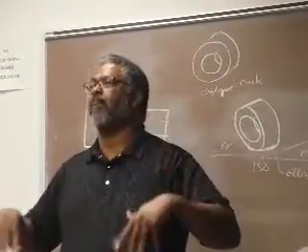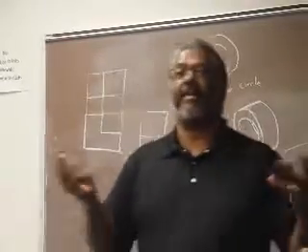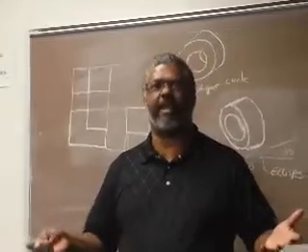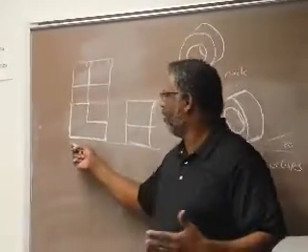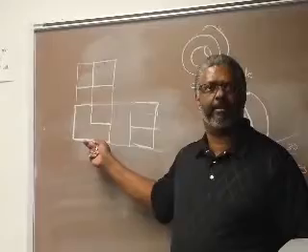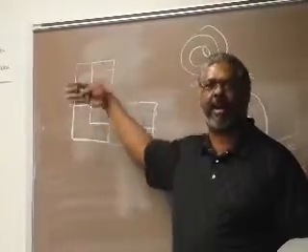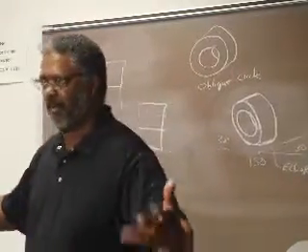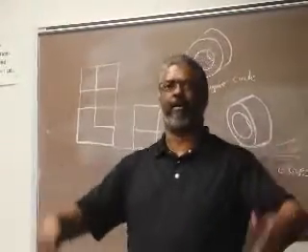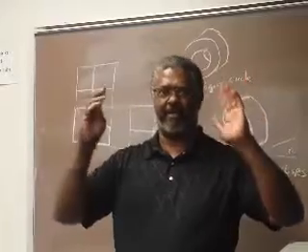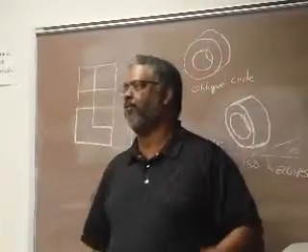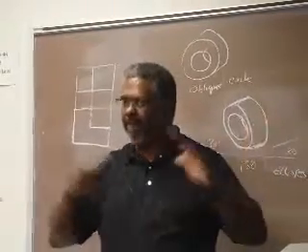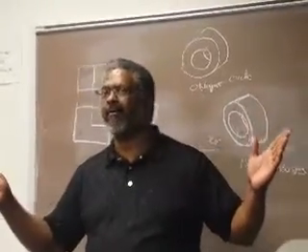But if I'm looking at an object where a front view is not defined, then I can call the most descriptive view my front. And from that, I can get my top, right side, and so forth. But some objects are already defined. You don't take a car and call the right side the left side, or the right side the front. You base it on what the car defines.